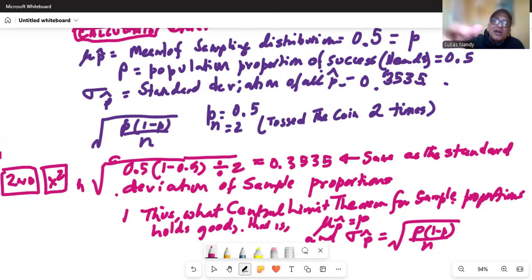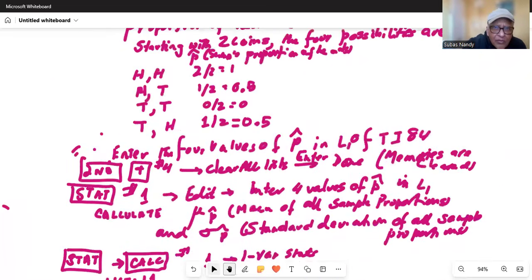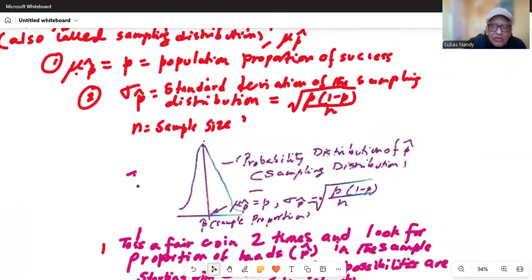Without working with the entire population, by selecting a sample large enough and building the sampling distribution of sample proportions, that is the probability distribution of p hat, you find where the peak is on the horizontal axis, the value where the relative frequency is highest, like I showed over here. This value where the peak is highest is the mean, the population proportion of success.